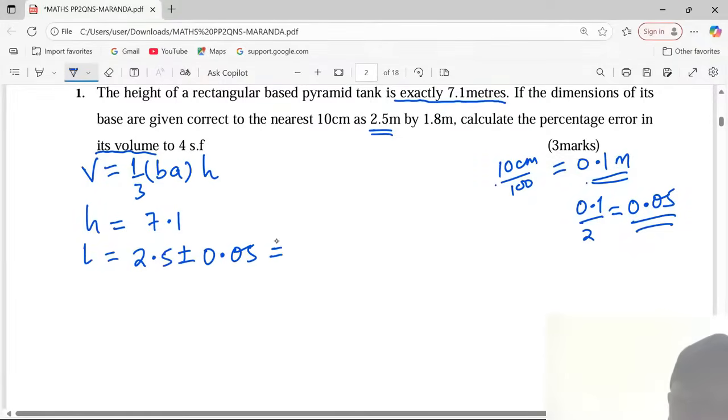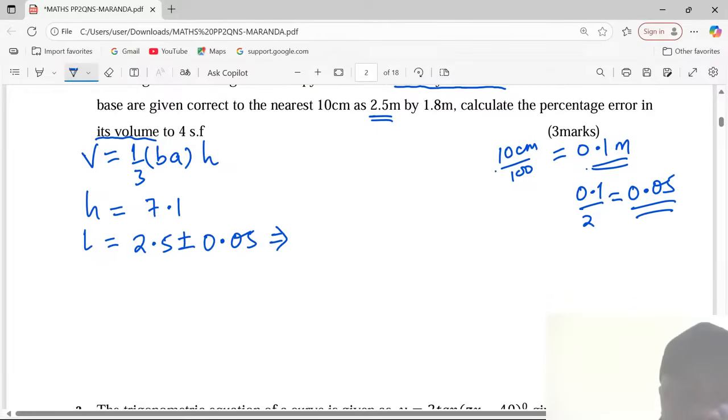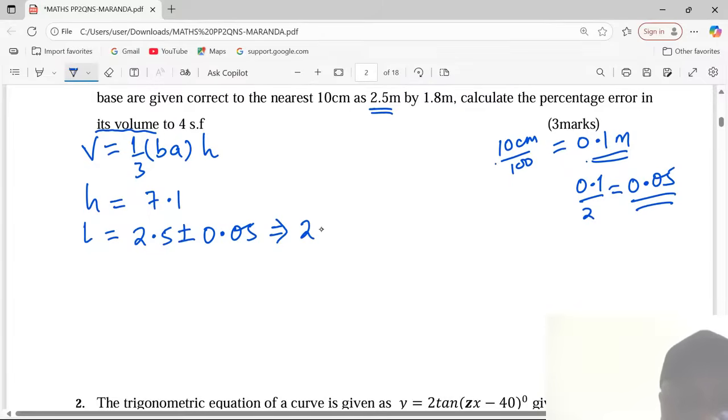This will take us to a length which is ranging between 2.45 all the way to 2.55 meters. Then we talk about the base width, which is equivalent to 1.8, recorded in the same accuracy as the length.